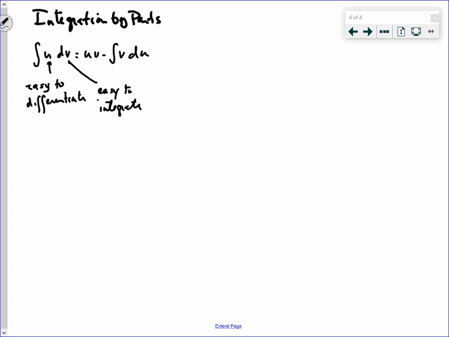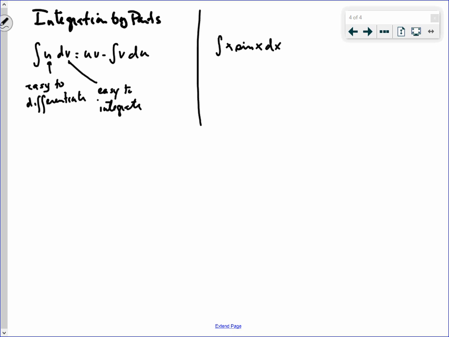So what I have here is an example. A lot of times it is a problem where you have an integrand with different types of functions. For instance, the integral of x sine x is a very typical integration by parts problem.